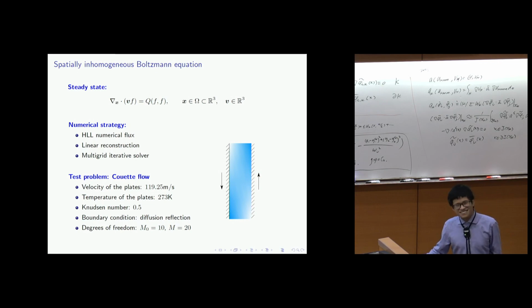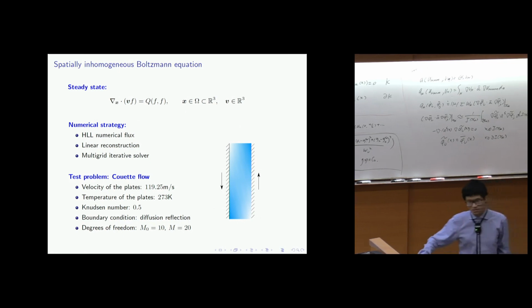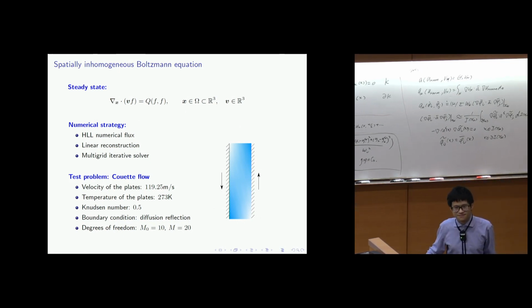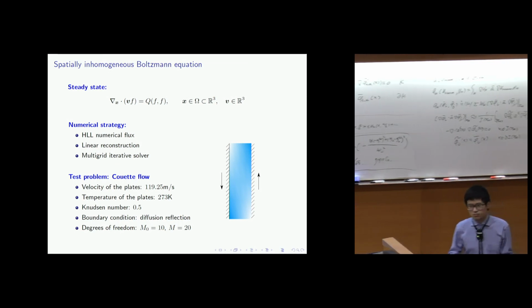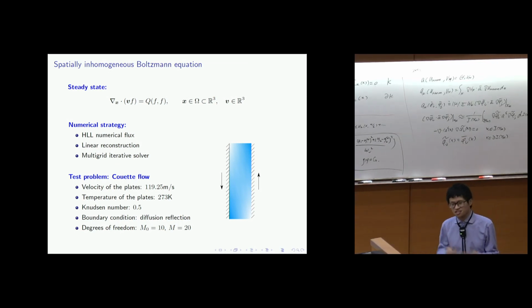So for rarefied gas, BGK is not quite reliable, and this is why we want to consider the original binary collision. But the LBM method is based on BGK. So this is why LBM can only consider some relatively dense gas or some incompressible fluid. You can imagine that when something is incompressible, it must be very dense.